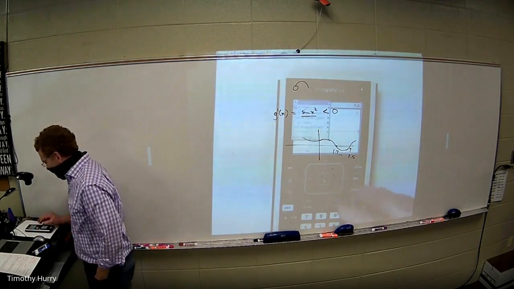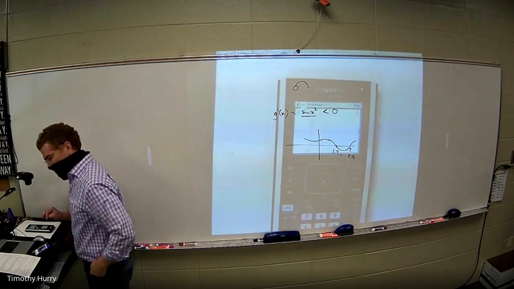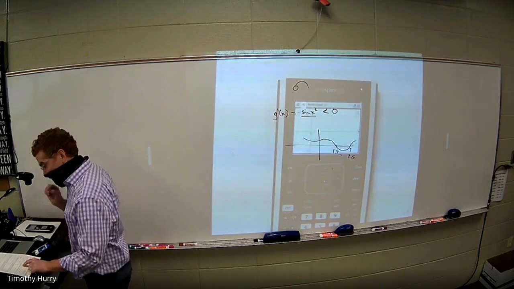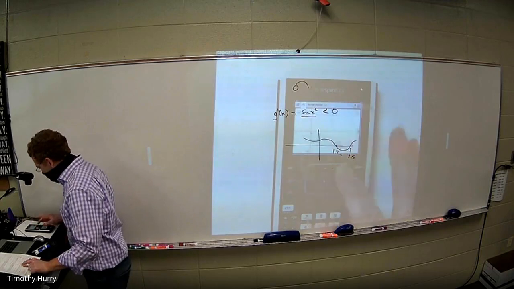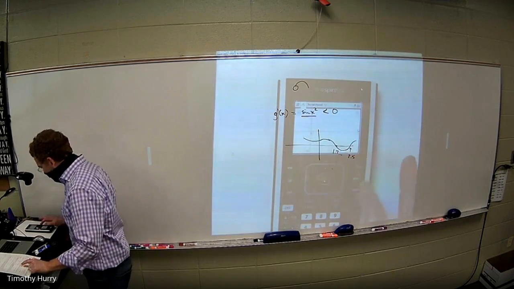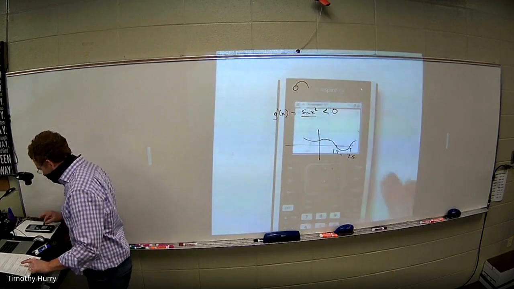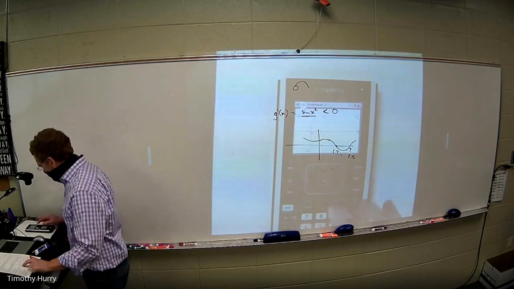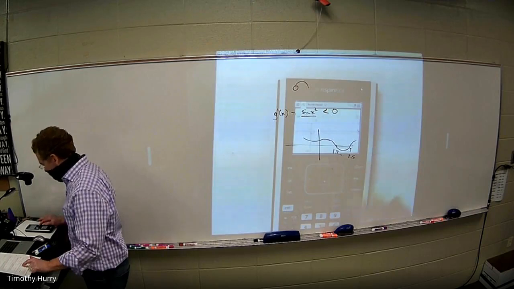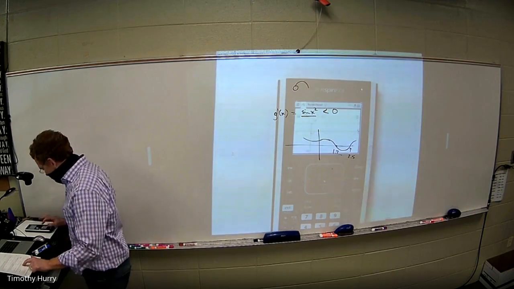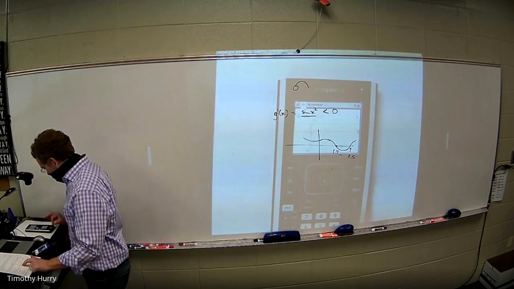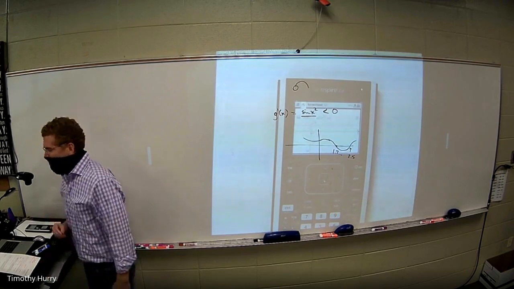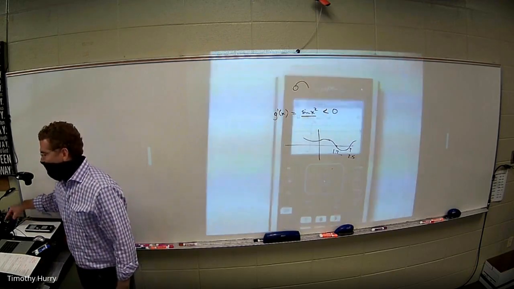Menu, tab, and I'm typing in the integral from 0 to x of sine of t squared dt. And if you're wondering, man, how does it graph it with t's in there?